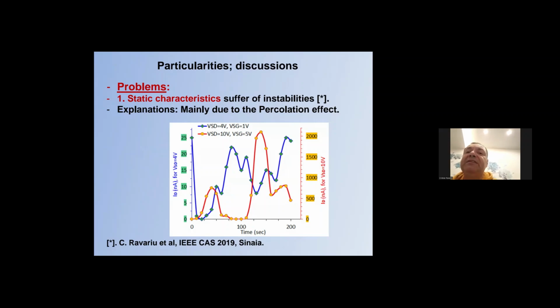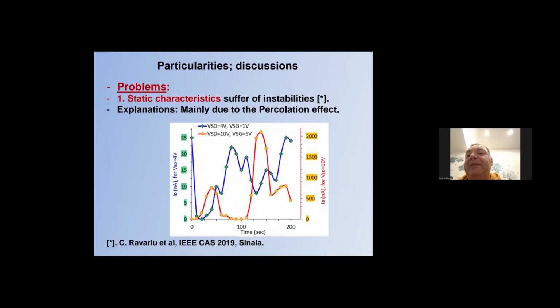We observed that the drain current, for a drain voltage equal to, I think, 1 volt here, and two curves for different VGS, 1 and 5 volts, suffer from instabilities in time.